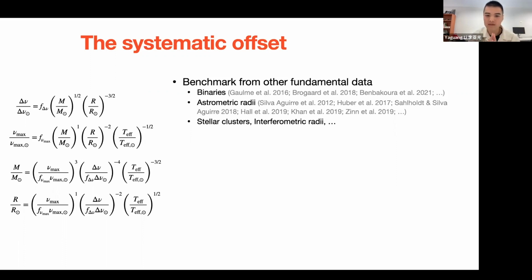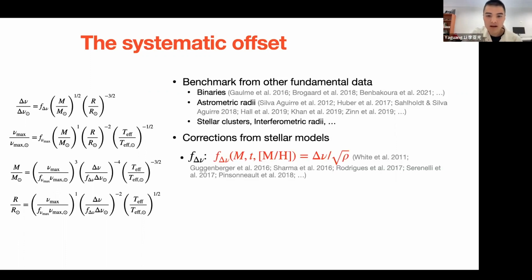Examples of this include binaries, astrometric radii, clusters, interferometric radii, etc. But we can also try to learn these correction factors from stellar models. In particular, for the F delta nu correction factor, there is a whole business going on trying to calculate this correction factor from stellar models.